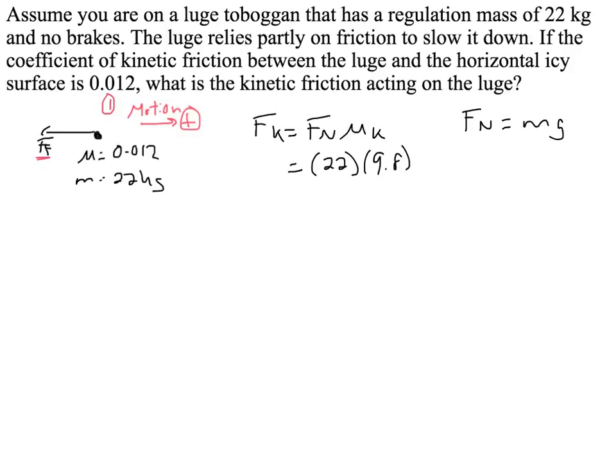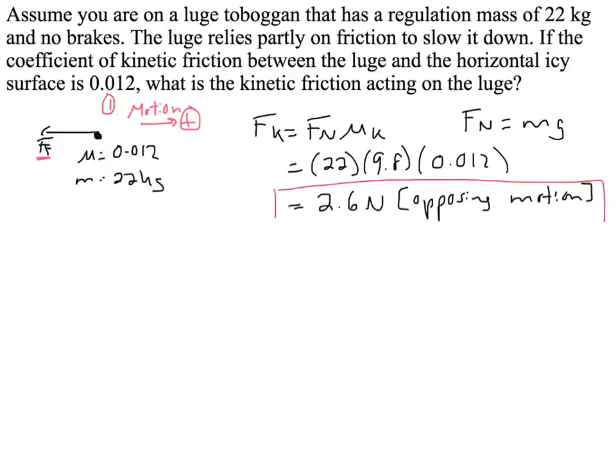And we're going to multiply that by mu k, and mu k we know is 0.012. You do the math, you get 2.6 newtons opposing motion. So that's our final answer. 2 sig digs throughout, so we are good.